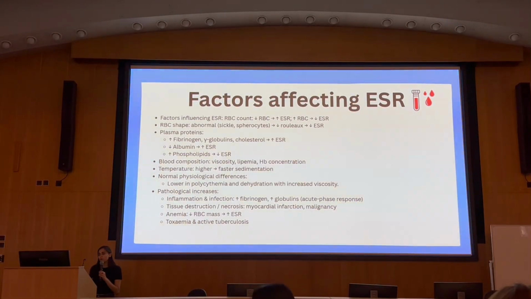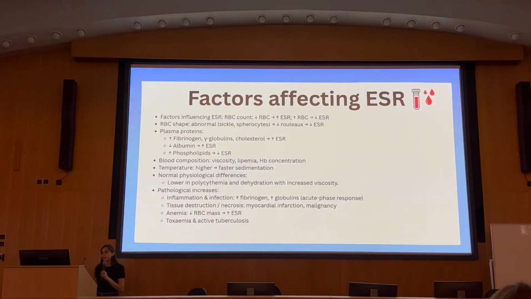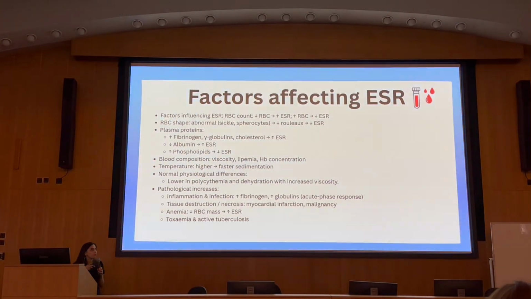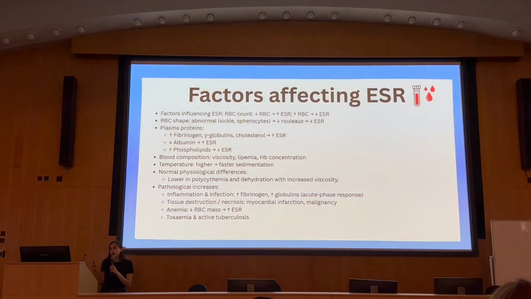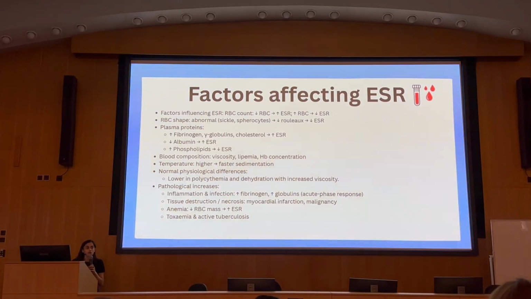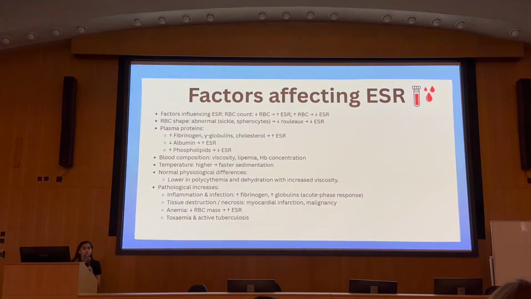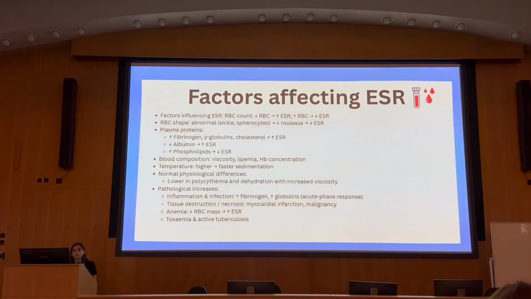Then blood composition, so viscosity, lipemia, and hemoglobin concentration also affect ESR. Viscosity could be, if there is more viscosity, that means there are more RBCs, but it depends. If there are more plasma proteins which are positively charged, then the roller formation can increase. So always, context matters.